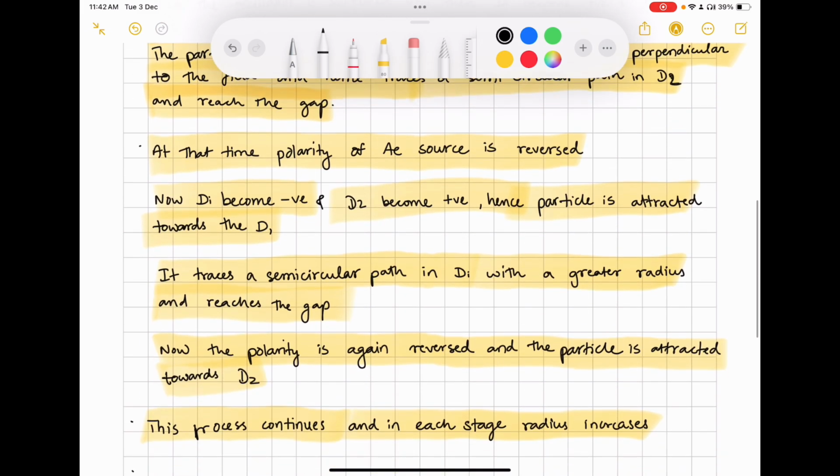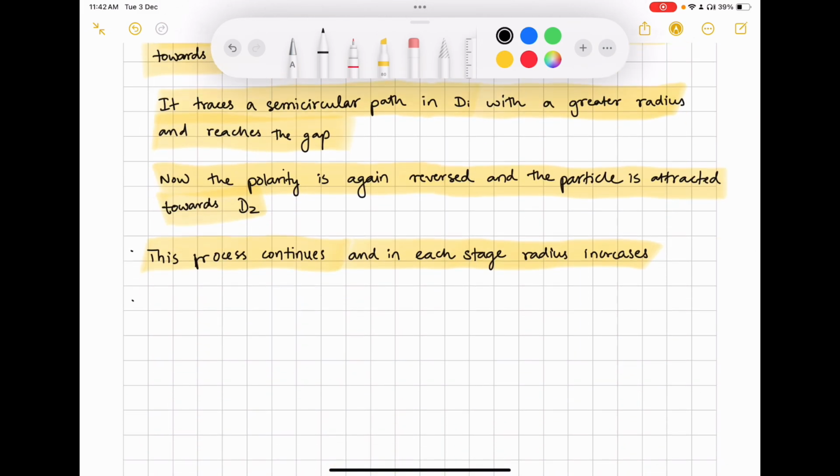So we know that radius r is equal to mv divided by qB, and we can write v is equal to qBr divided by m.